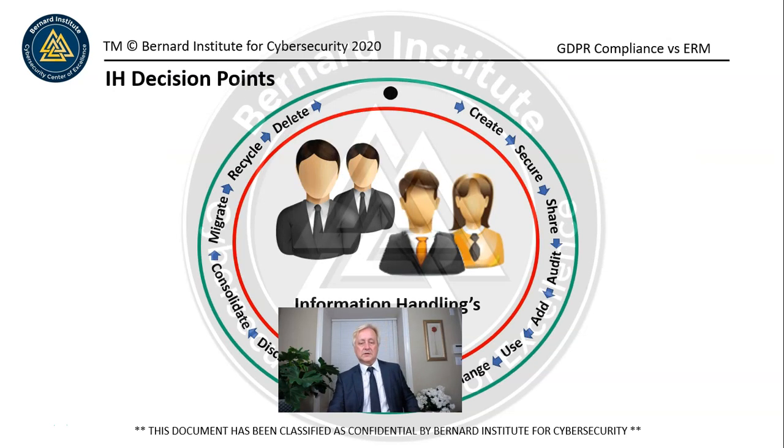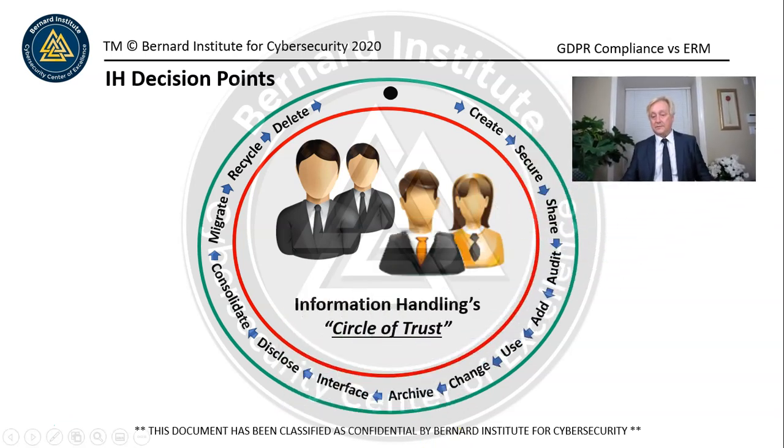Okay, decision points. What are the decision points around handling personally identifiable information? People make decisions about creating, securing, sharing, auditing, adding, using, changing, archiving information, interfacing the information with other systems, disclosing information to third parties or other groups within the organization, and consolidating the information.